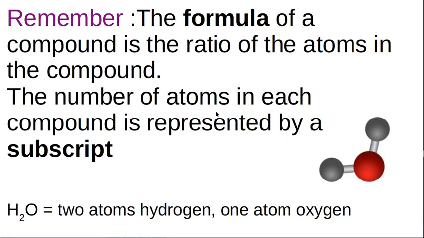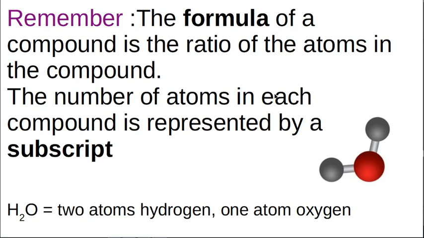So what we have to remember is what the formula of a compound is, and by the law of constant composition, one formula means one substance regardless of how you made it, okay? So water is always H2O. The formula is the ratio of the atoms in the compound. Here in H2O, 2 hydrogens to 1 oxygen.